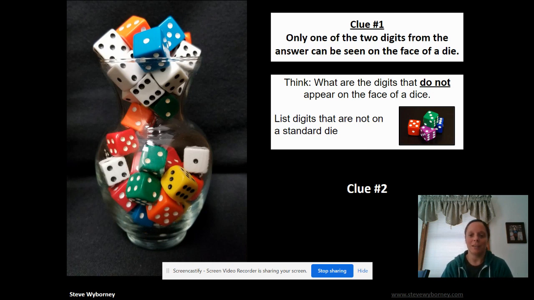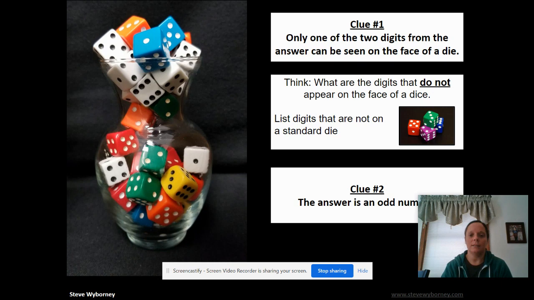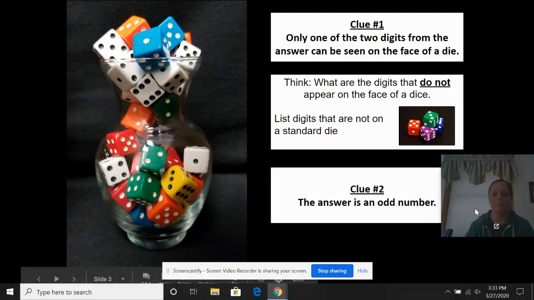But they often forget that 0 is also a digit because they might say 10, especially if we're working with younger kids. I think this task goes grades 2 up, and starting with an easier task before starting with a harder task is always the way to go. And that's why on the sheet, which I'll attach in an email, I gave 4 slots to force that thinking of 0. Clue 2. The answer, let me move my box, is an odd number.